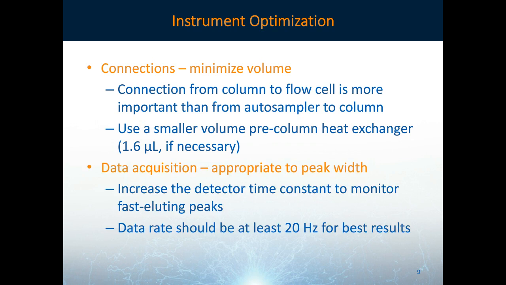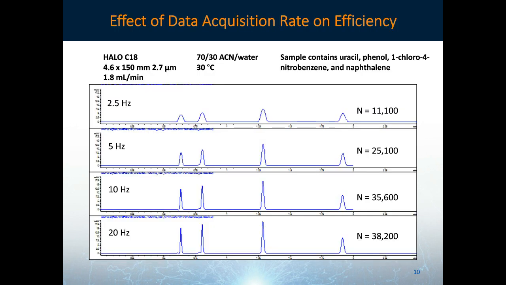For data acquisition, you would want that to be appropriate to your peak width. So you need to increase the detector time constant to monitor fast eluting peaks. And the data rate should be at least 20 Hz for best results. So I have some examples of the effect of data acquisition rate on efficiency. In the first chromatogram, you can see we used a data acquisition rate of 2.5 Hz.